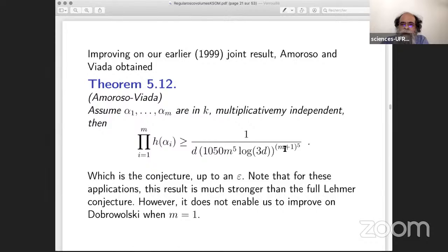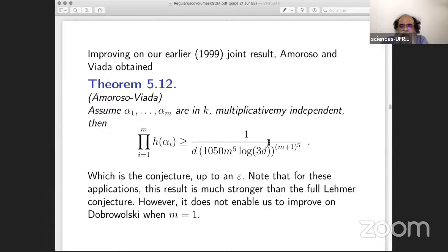You have a double exponential, or m to the 5 in the exponent. But our original bound, if you had worked it out, would be like some m factorial in the exponent. So it's much stronger.